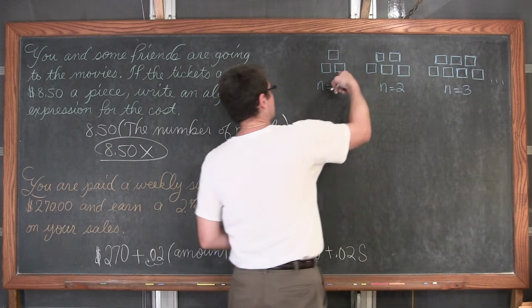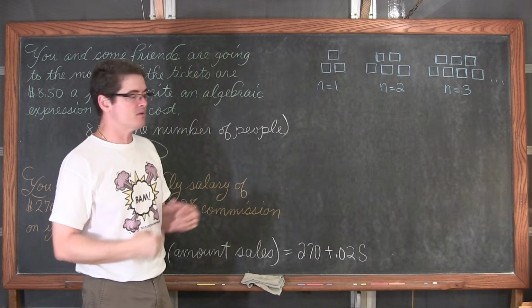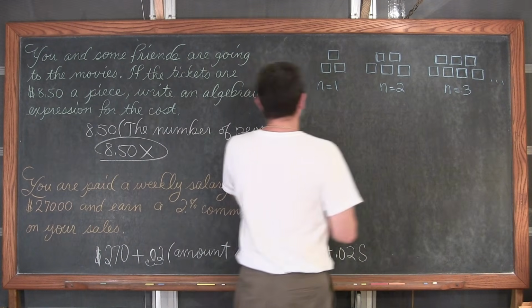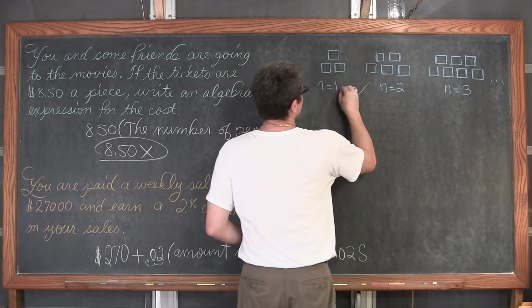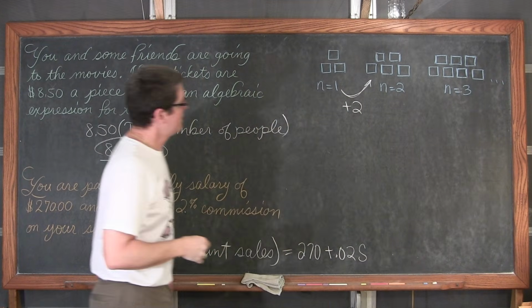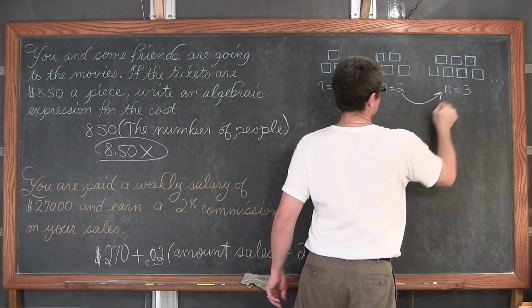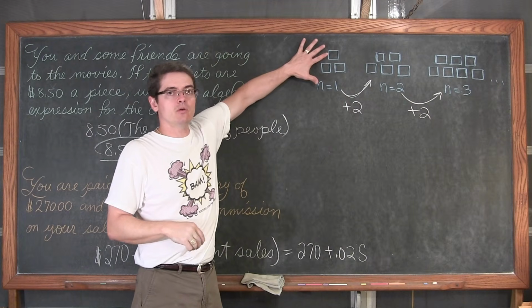All right, so to get from this grouping, which I've labeled as an n value of 1, just a numerical value representing that first picture, we're going to add by 2. Then to get from 5 to 7, we're going to add by 2. So our initial value is 3.